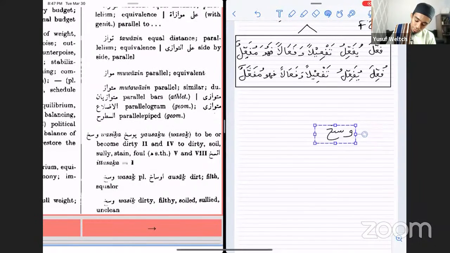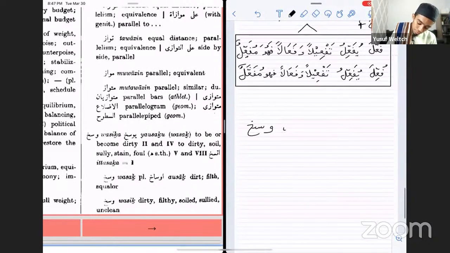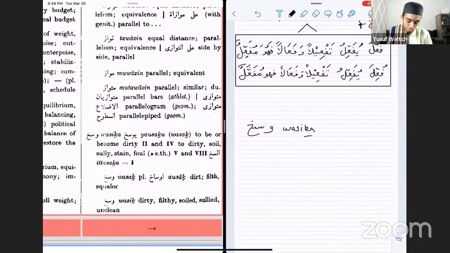Now we can. Okay. So you see the word wasikhun, just across from here. And then next to it, it has English transliteration. You guys follow me? Yeah. Okay.